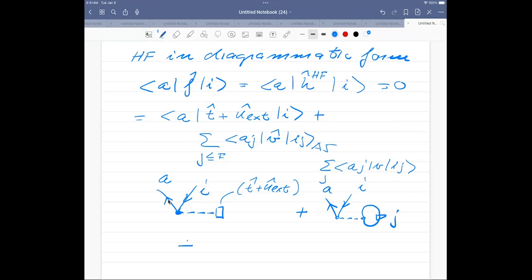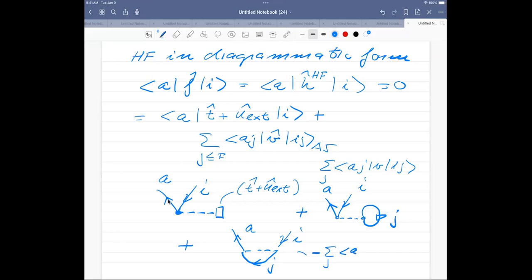Then we have the next term, which is the exchange term. There are different ways of writing it. We would have an I state coming in, and then we close a loop for the hole state J. This represents a sum, and there is a minus sign when we set up the algebraic expression.